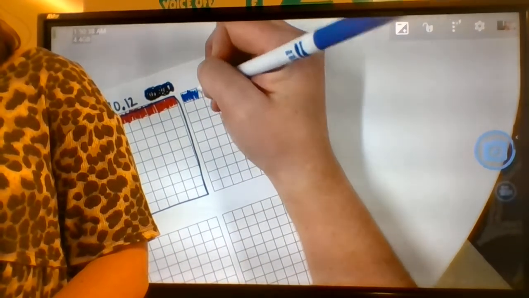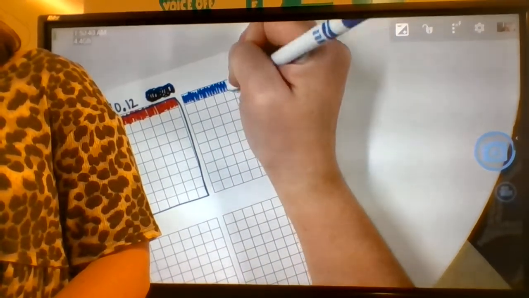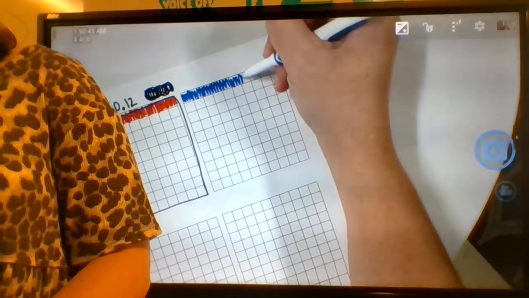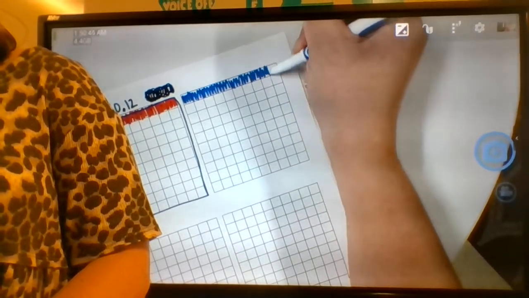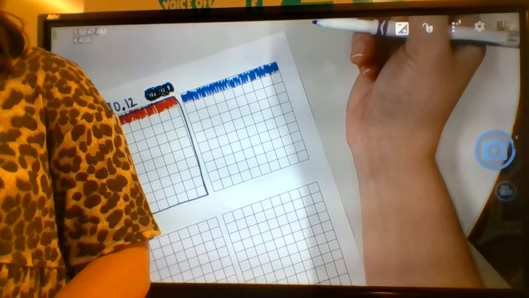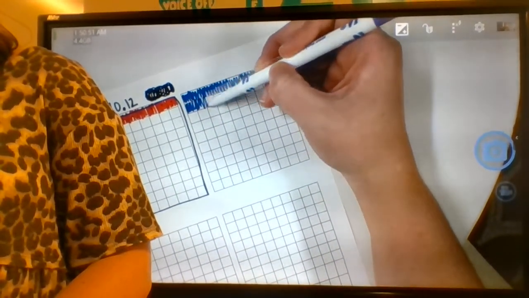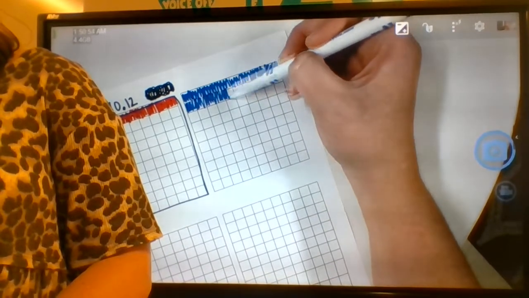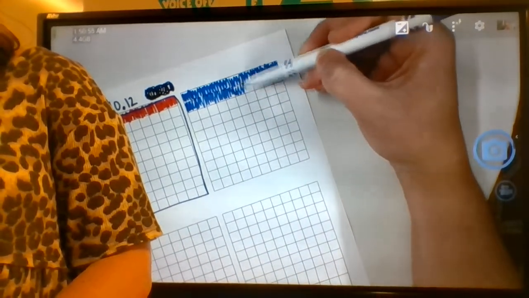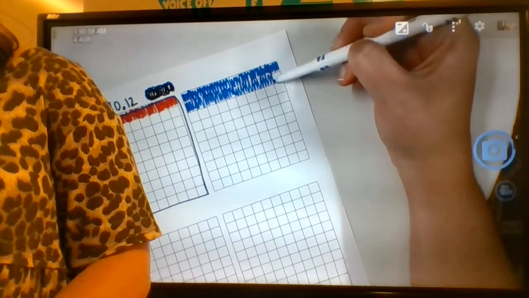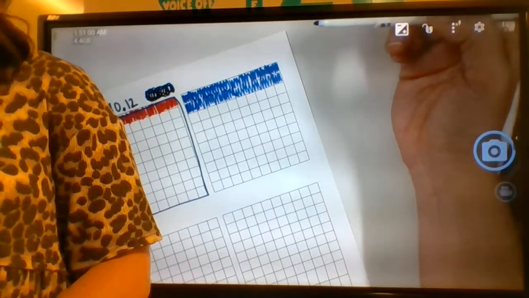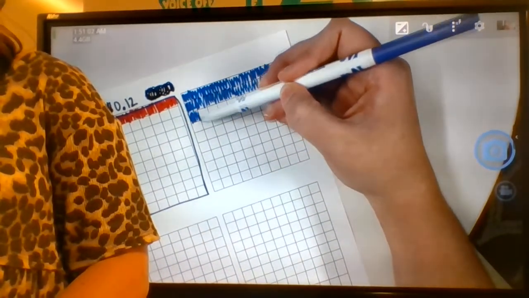So we got 1, 2, 3, 4, 5, 6, 7, 8, 9, 10. We've got 2 nickels, so those are 5 cents each. So I'm going to color in 5. And now I've got another nickel, so I'm going to color in another 5. And now I'm going to color in 1 because I have a penny.